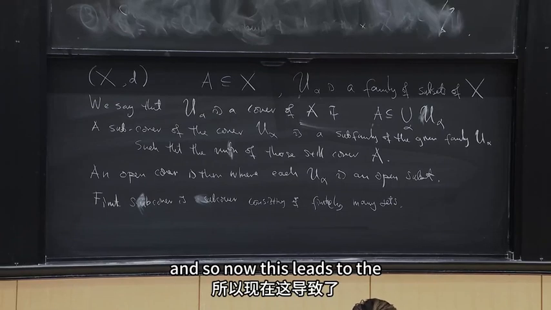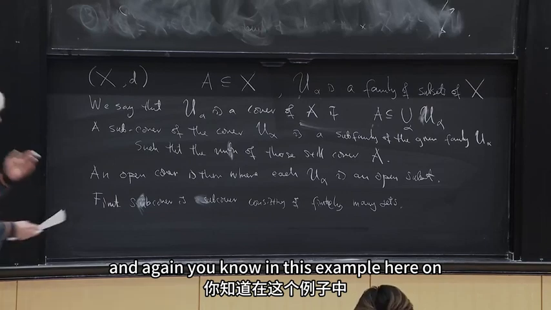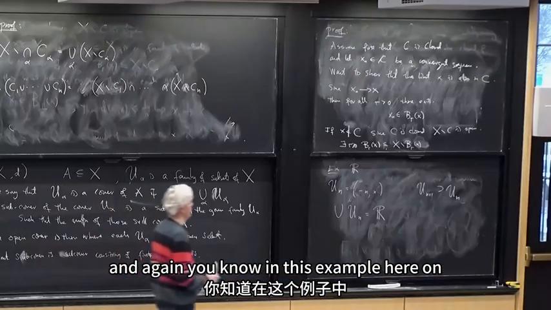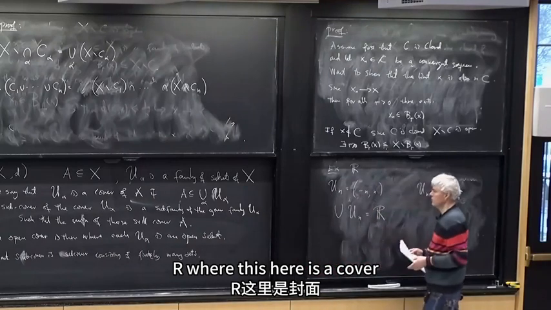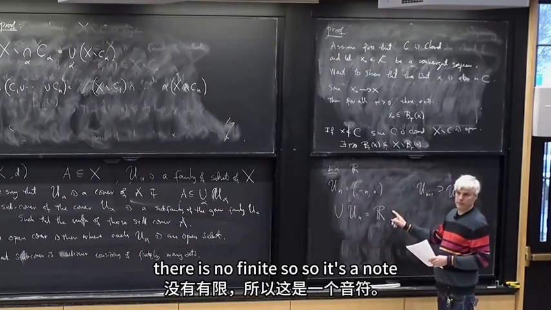And so now this leads to, again, in this example on R, where this is a cover, there is no finite subcover.